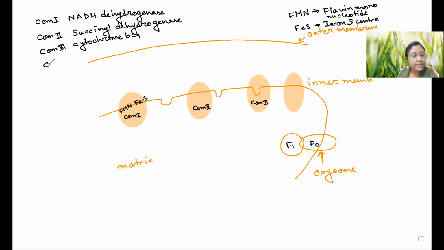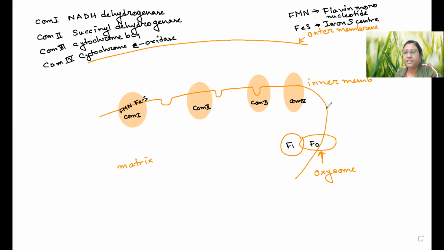And finally, there is complex 4, which is having cytochrome A, C oxidase. In many books, there is mention of a fifth complex.